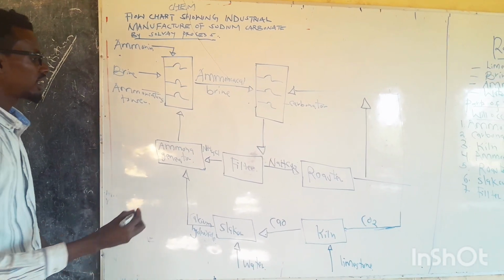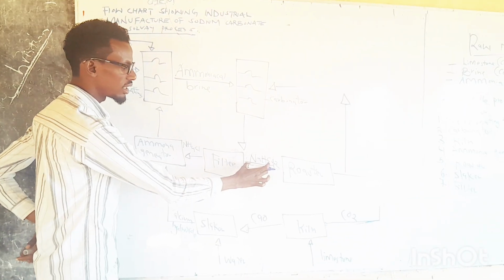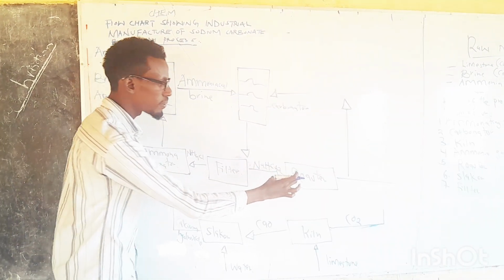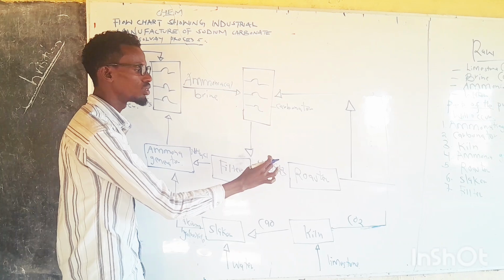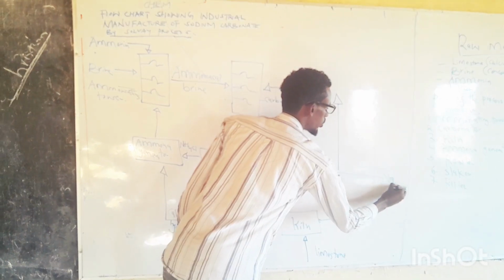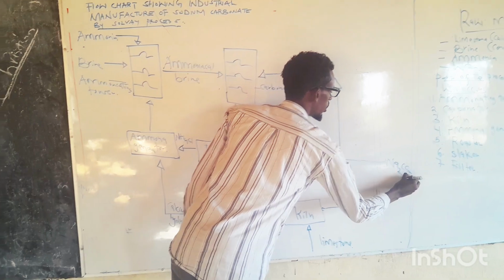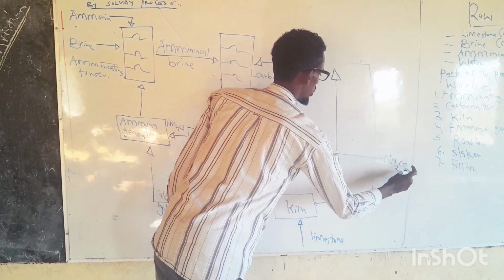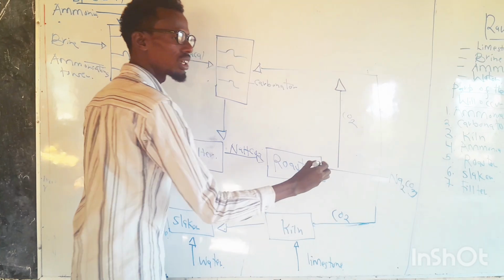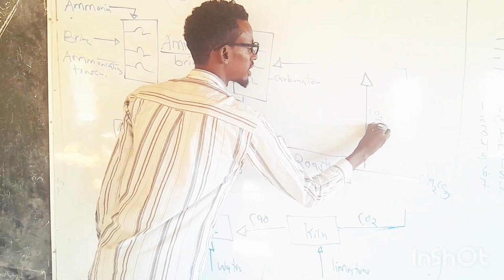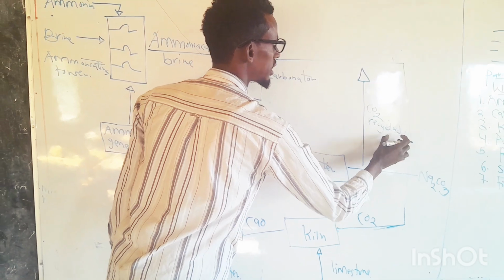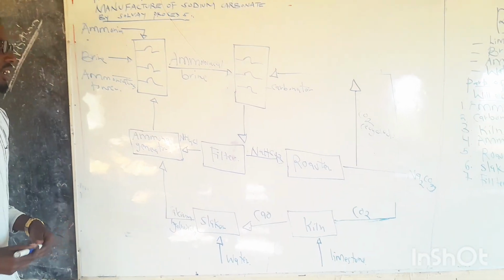And the sodium hydrogen carbonate in the roaster is decomposed by heat to produce sodium carbonate, which is pumped out, and carbon dioxide, which is recycled back to the carbonator.